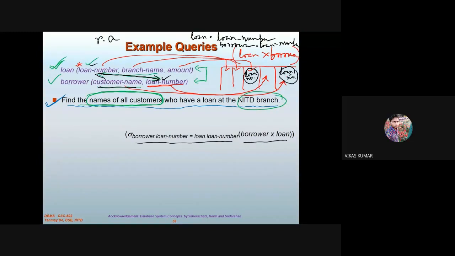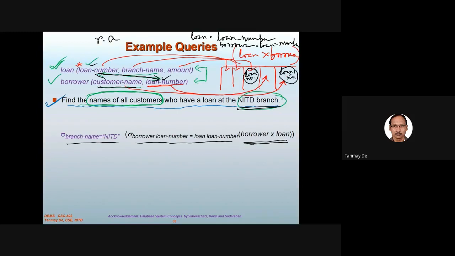No, because here the branch name is not tested. So from that again we can select the tuples. Which tuples? Where the branch name is NIT Durgapur. You can think of it like programming. It is also a step-by-step process. You first combine both relations to get all combinations of tuples.